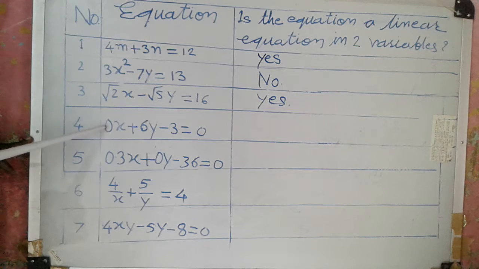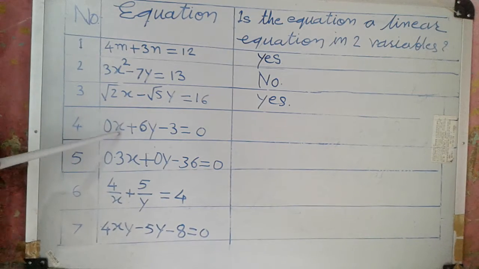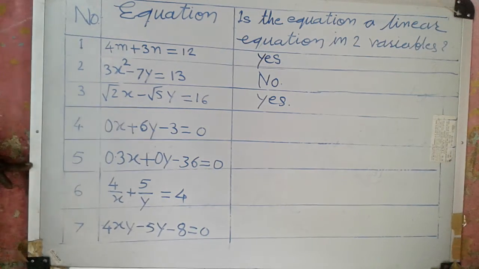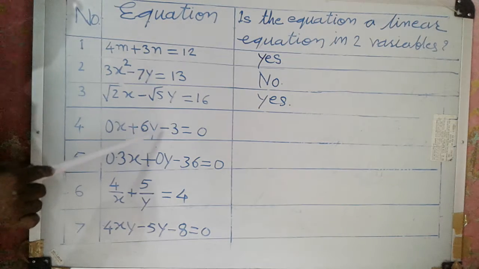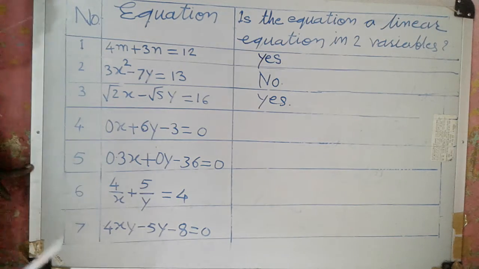Now in this equation a is equal to 0, that means 0 multiplied by x is equal to 0. So this term becomes equal to 0, and here remains only 6y minus 3.